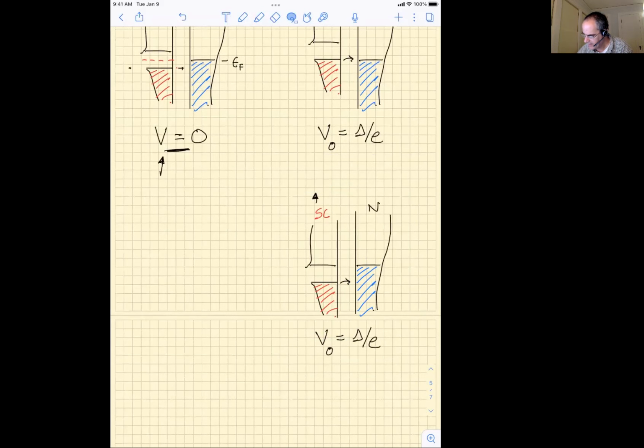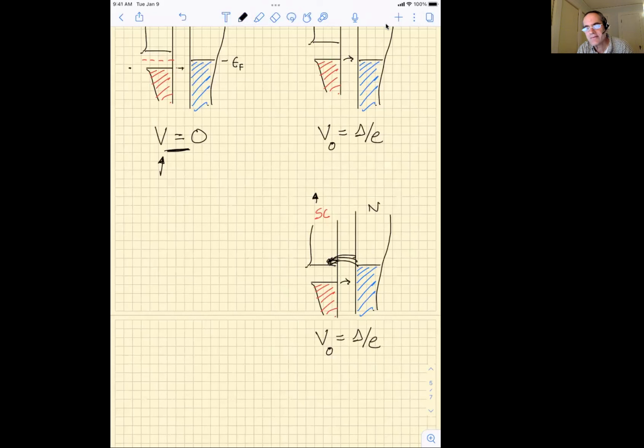So if we make the voltage have the opposite sign, once we reach a magnitude of V naught, then current can flow in the opposite direction, from the normal metal into the superconductor. But around V equals 0, we'll have an energy gap.